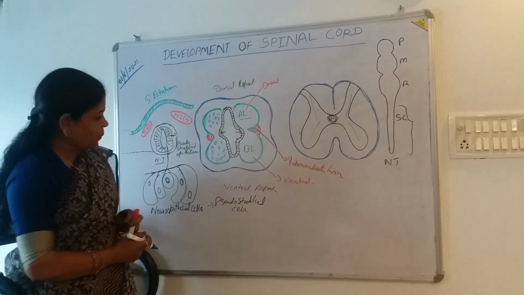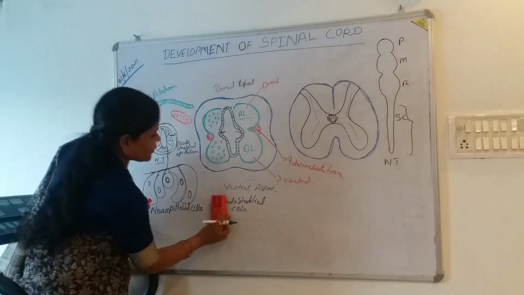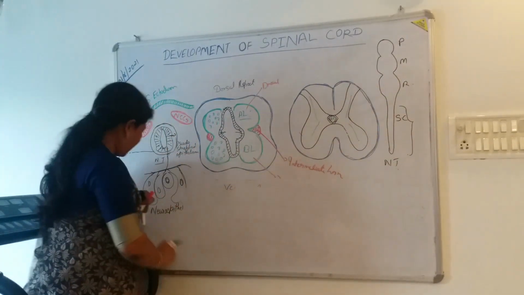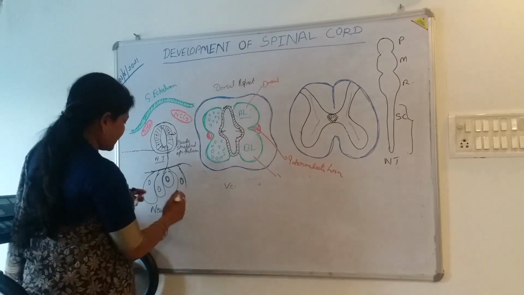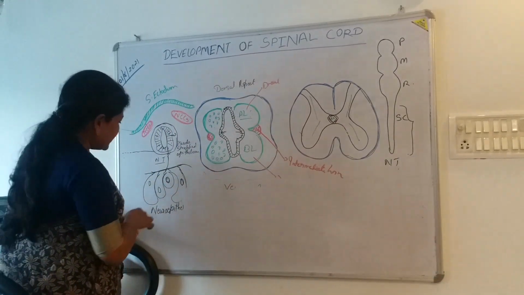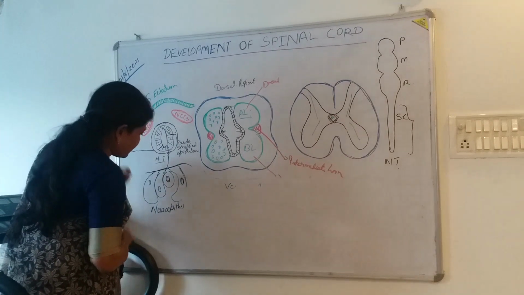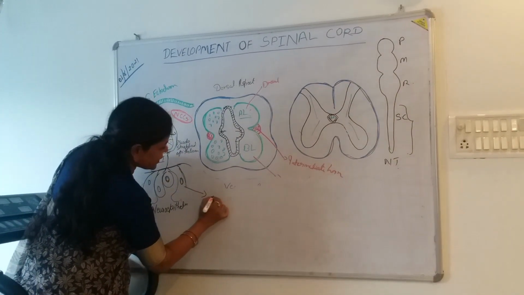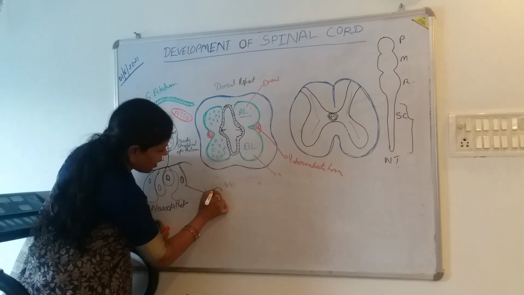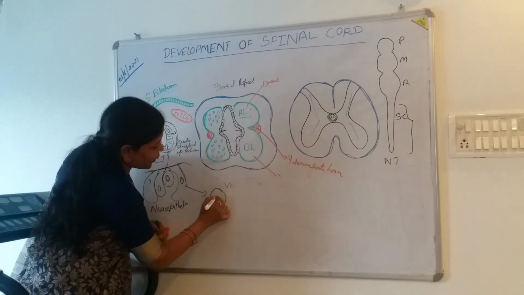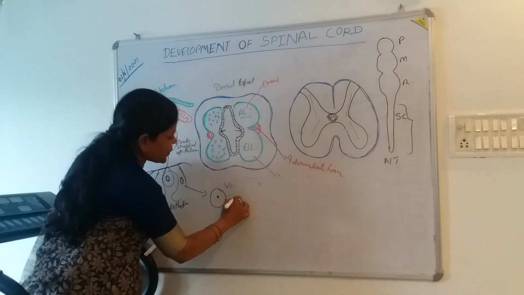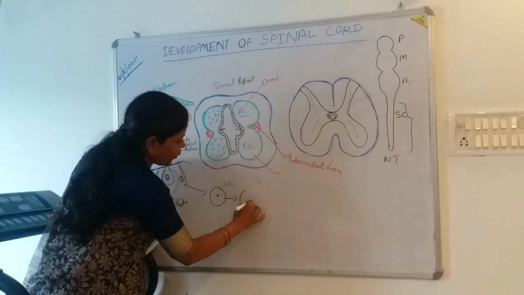Anyone? What happens before migrating? These neuroepithelial cells, what will they do? They become what? Apolar cells. Okay. Then it becomes the bipolar.